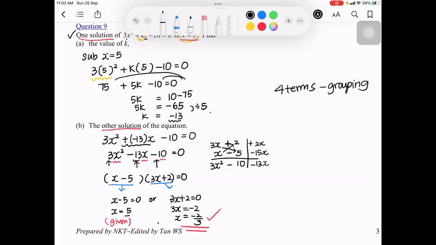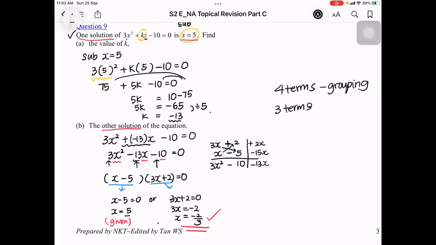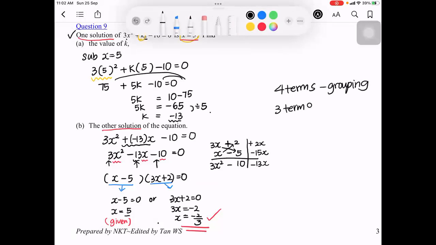This one is only the one with 3 terms in the form ax squared, with something x squared, x, and a number, then you can use the calculator for sec 2 level. For sec 3 in the future, you get decimal places or whatever, then you have to use the calculator, no choice. So I don't know which is the type. Maybe you find the question, then you tell me.